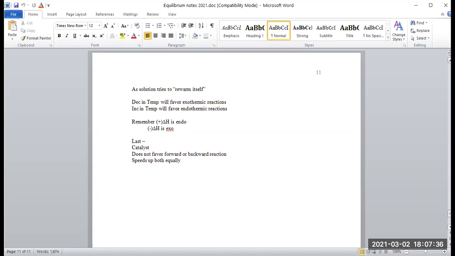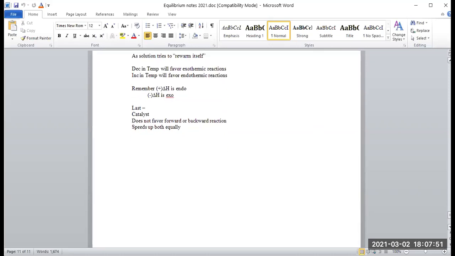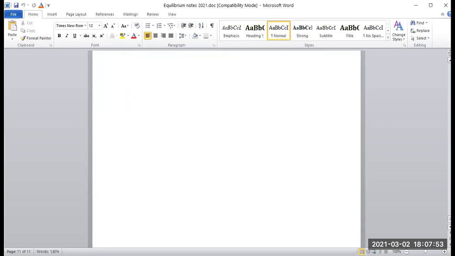So it doesn't give you a shift left. It doesn't give you a shift right. It makes them both speed up in opposite directions, so they kind of null each other out. All right, and that is the end of the equilibrium chapter.